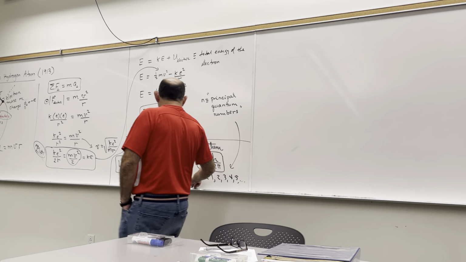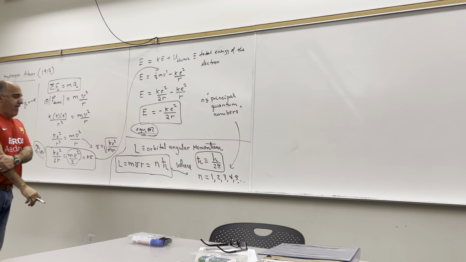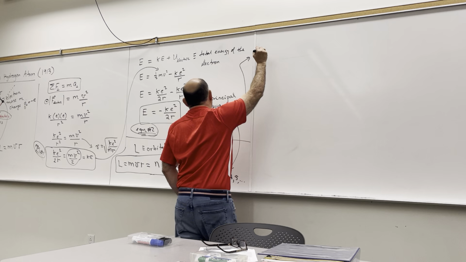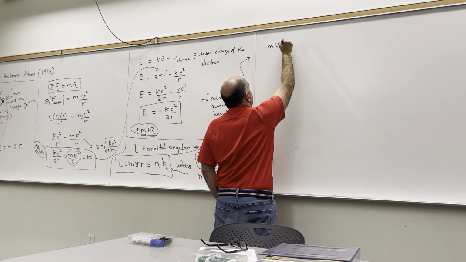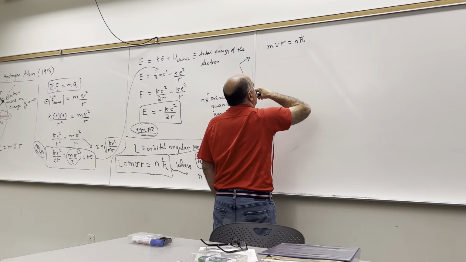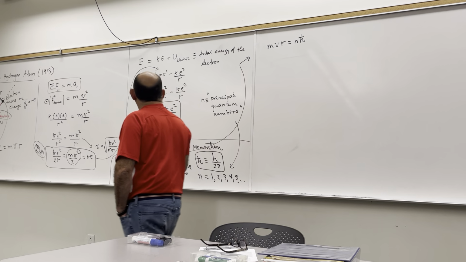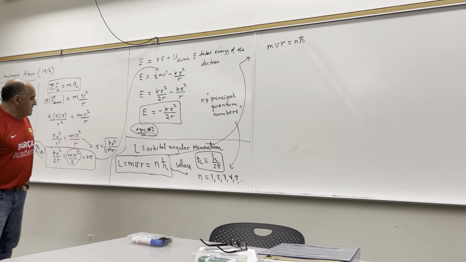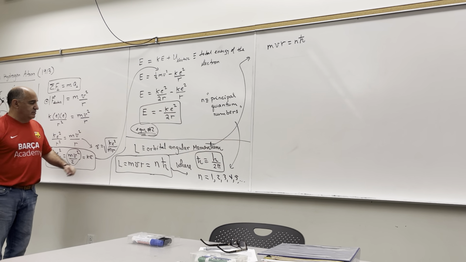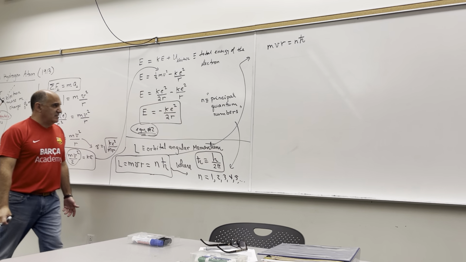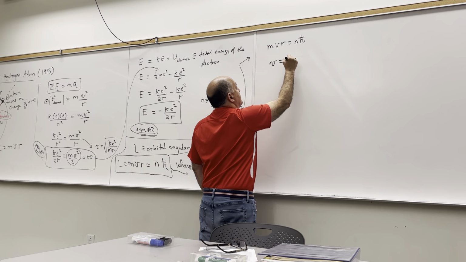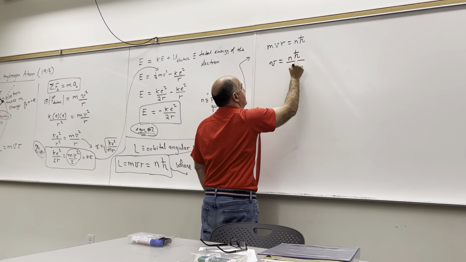What if I take equation number 3, where mvr is n h bar, and solve for v? So v will be n h bar over mr, correct?